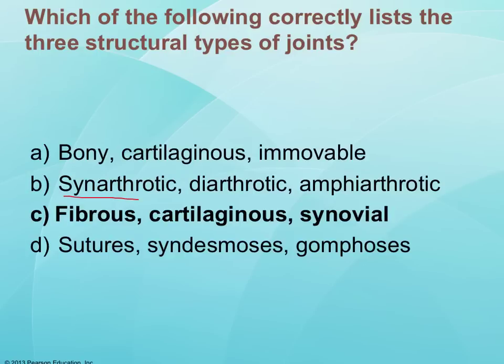If you answered B, that is a classification by function. It tells you how movable the joint is. So C is by structure, and B, synarthrotic, diarthrotic, and amphiarthrotic, that's by function.